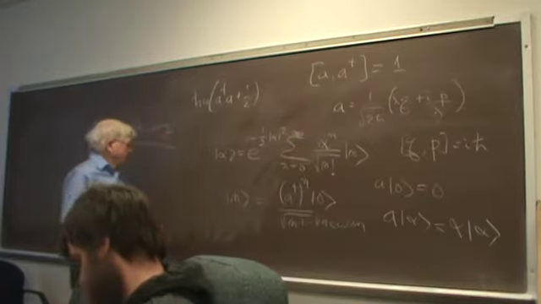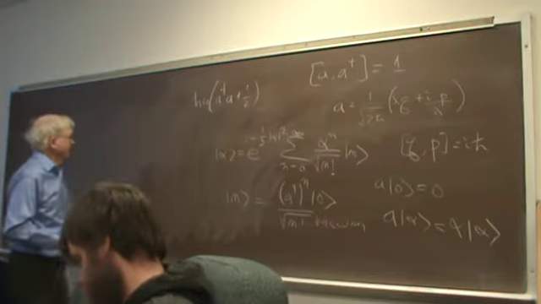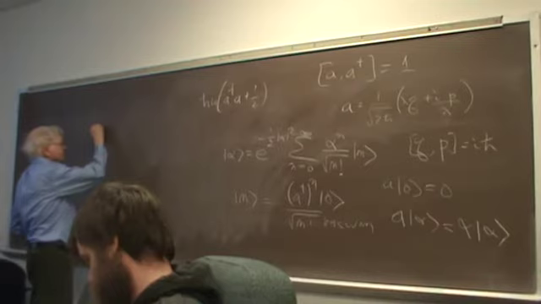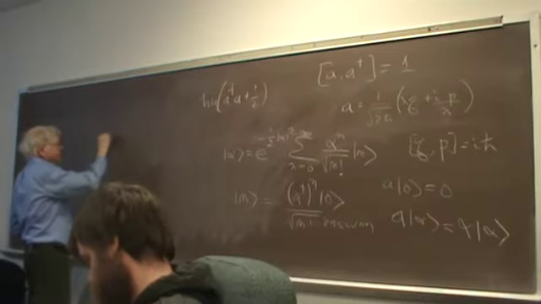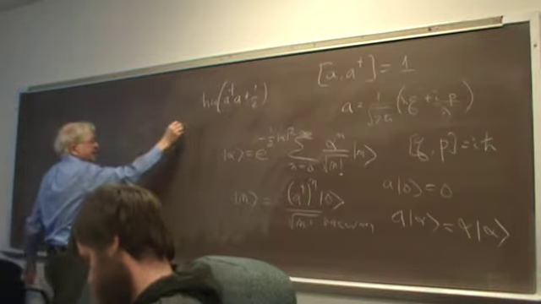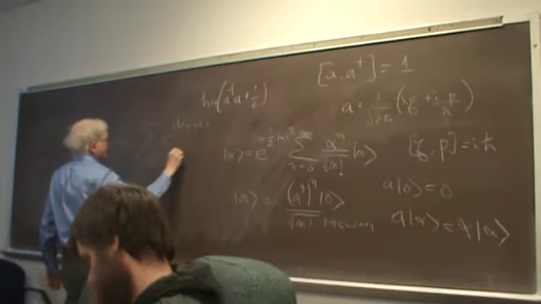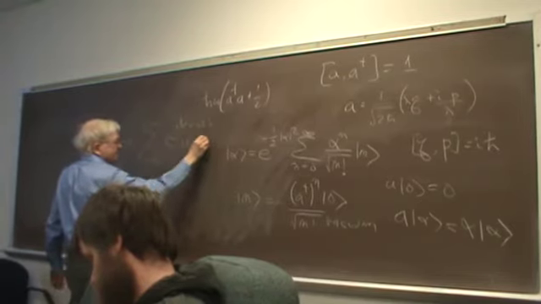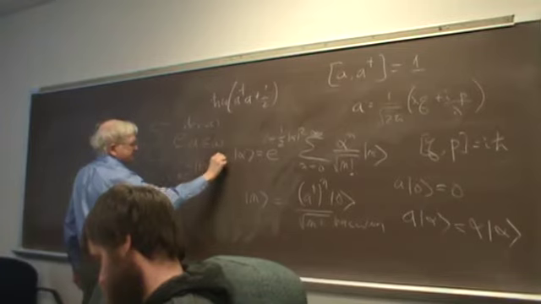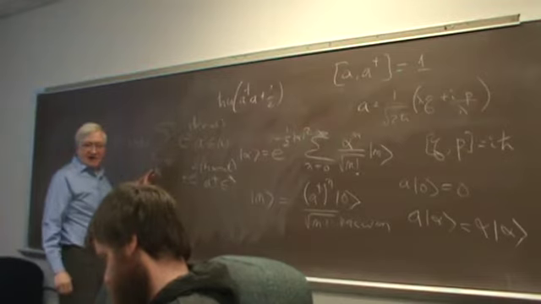And so what Glauber did with these coherent states, you see, is that you can imagine that the vector potential is a sum of e to the i (kx minus omega t), a, and then some polarization epsilon, plus e to the minus i (kx minus omega t), a dagger, epsilon star, and you sum over various k's.